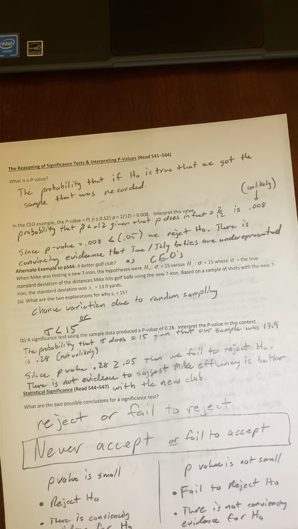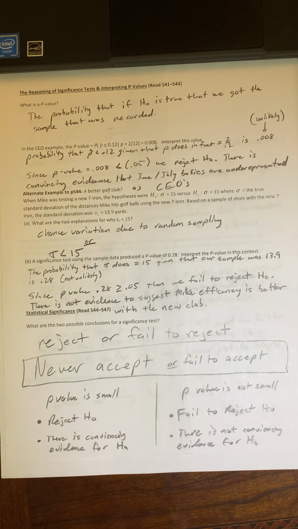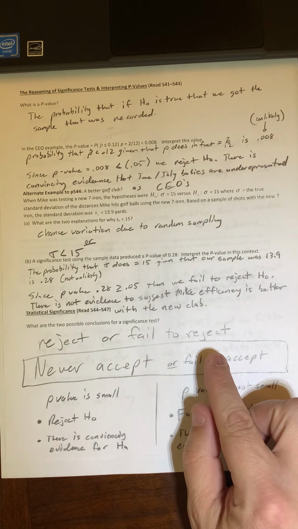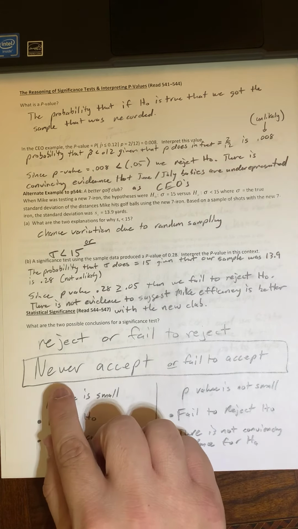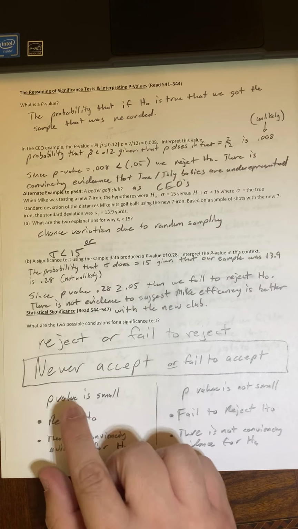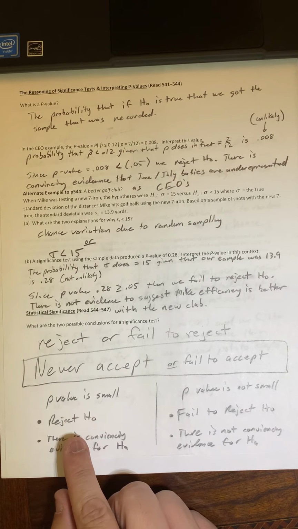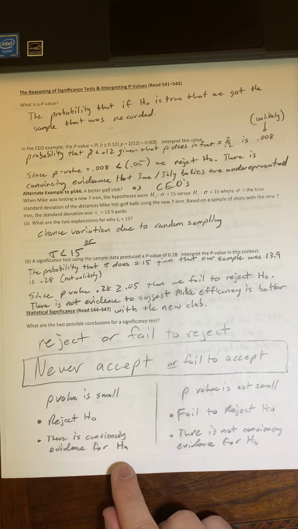Okay, and now some over-explaining. There are 2 possible conclusions: you reject or fail to reject. Never, ever accept. If the p-value is small, then we're going to reject the null. There is evidence for the alternate.